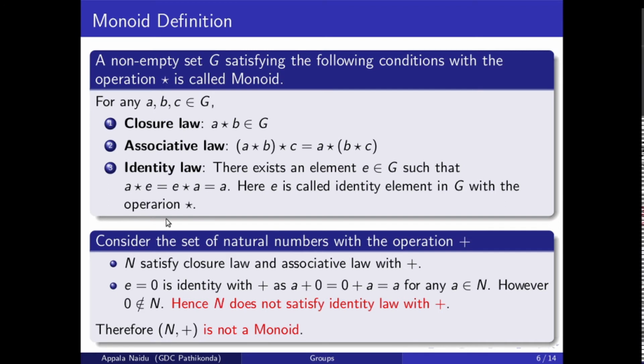That is, if you add 0 to any element, the answer will be that element only. Hence A star 0 is identity with plus, but 0 is not in N, hence N does not satisfy identity law with plus. So therefore N with plus is not a monoid.